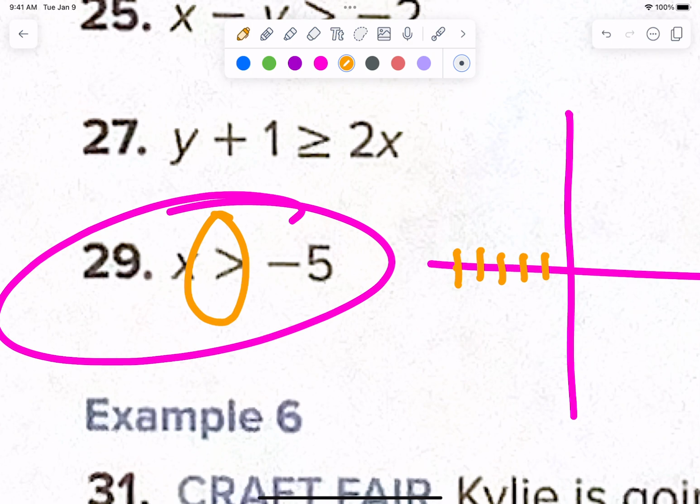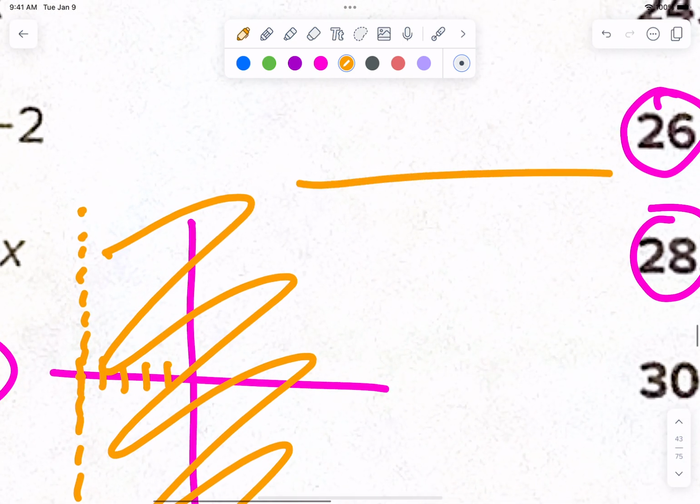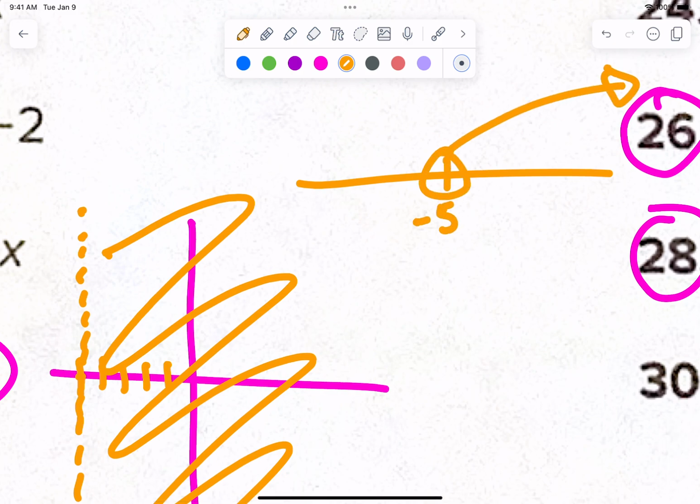Greater than, not equal, so dotted, right? Then we shade to the right, greater than, to the right. There he is. Okay, dotted line, that's the key. If you're gonna graph him like that on a number line, okay, so this is how Zach did his. He just went ahead and did -5 here and did that. That's technically right as well.